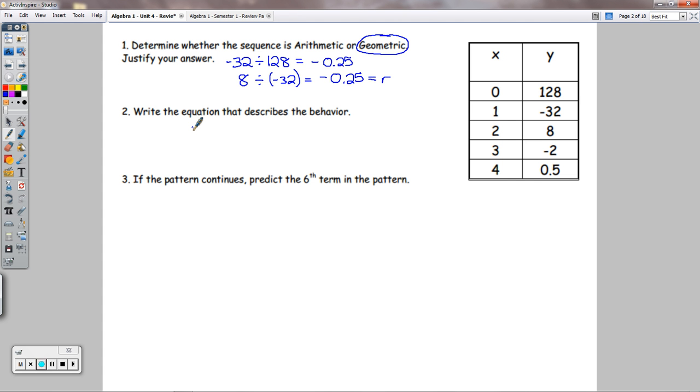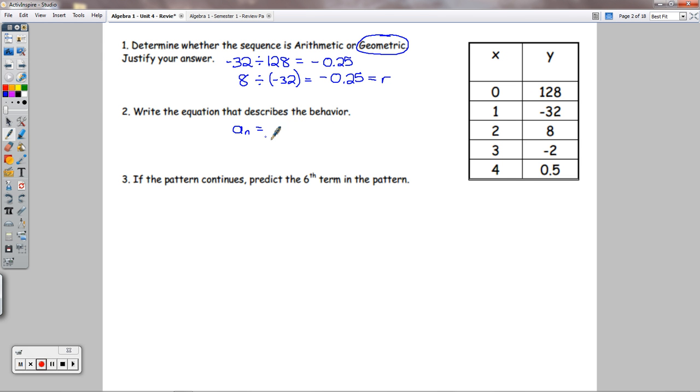To write an equation that describes the behavior, we take this general form, a n equals the initial value times r to the n minus 1, but we change some stuff around here. The first value in my table is actually 128, but that goes with an x value of 0. So this is going to change here, and I know what my r is.